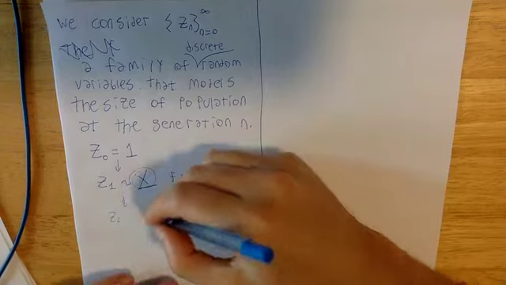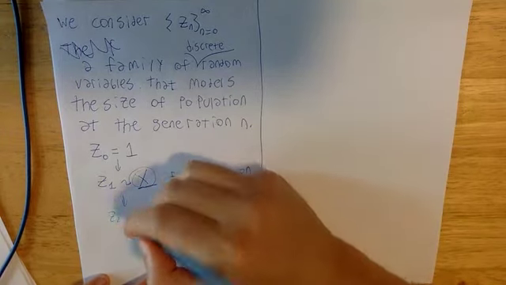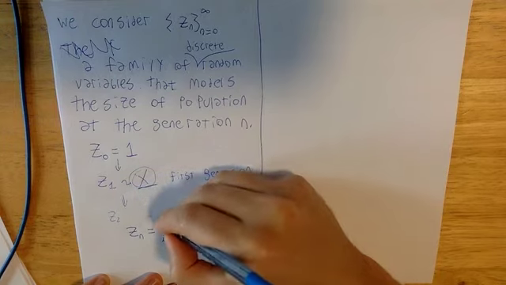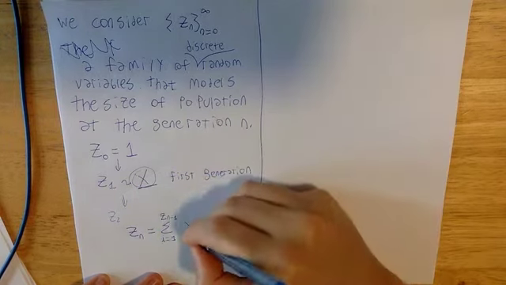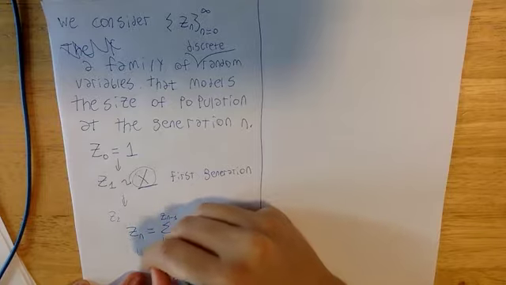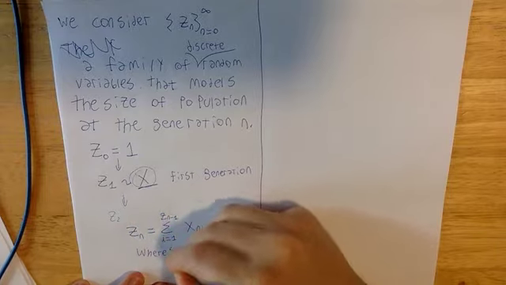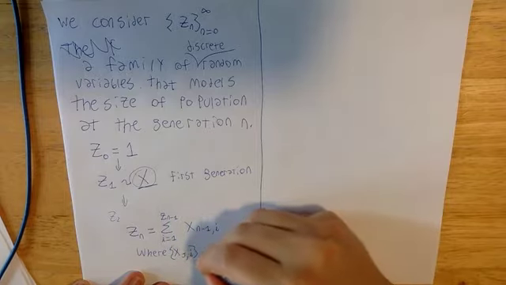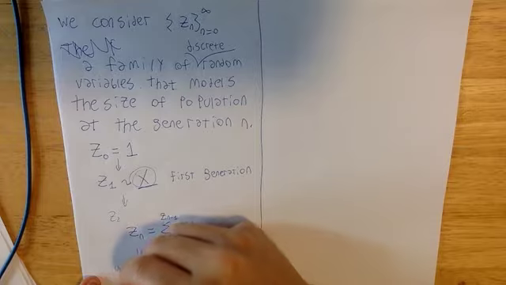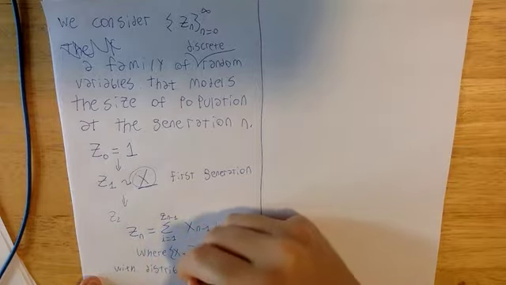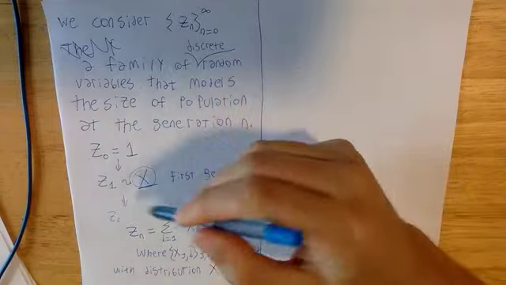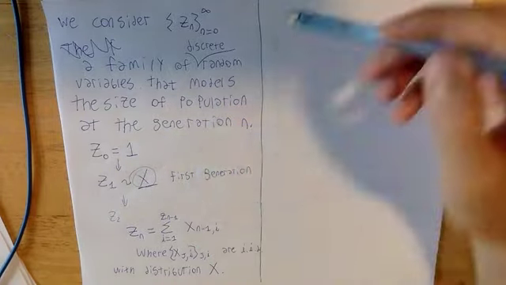So in particular, what we can write is that Zn is equal to the sum from i equals 1 up to Z(n-1) of X(n-1, i), where X(j, i) is a family over j and i of independent and identically distributed random variables with distribution X. Okay, so everybody in each generation has the same probability of having k children.